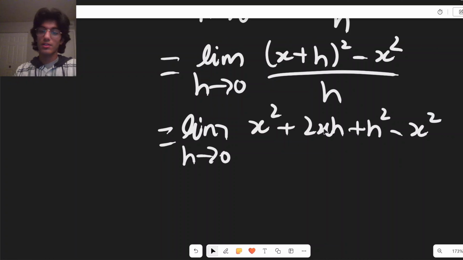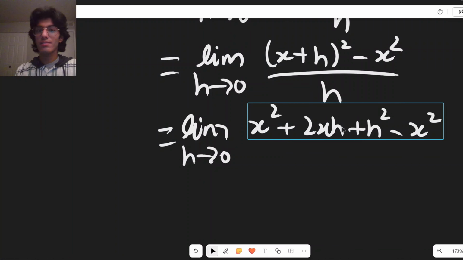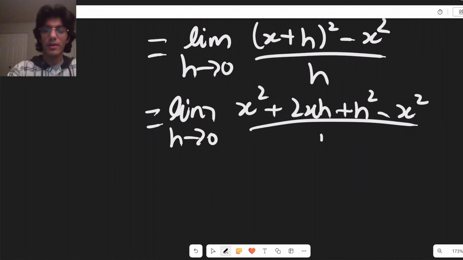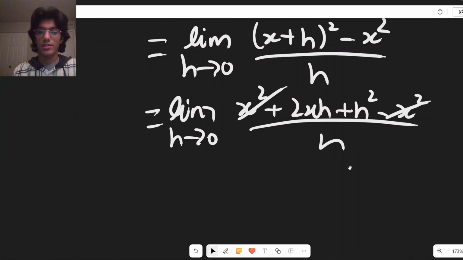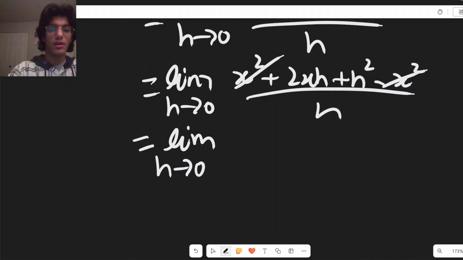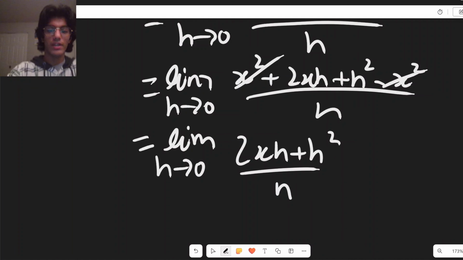Now look, this right here looks very similar to what we saw on the square representation. And this is all going to be divided by h. Now look, this cancels out, that cancels out because they're subtracting each other, okay? So now we have equals the limit as h approaches 0 of 2xh plus h squared over h.